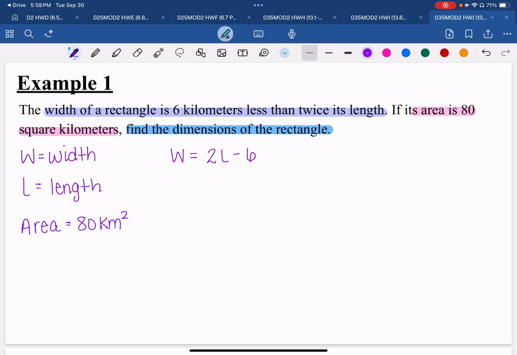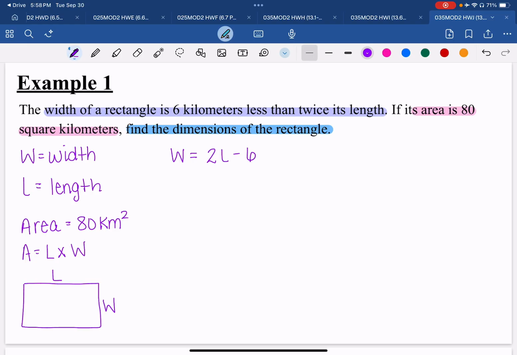All right, so how does knowing the area help me? Well, what is the area? Area is length times width. So let's make a picture. I like pictures. Pictures help me kind of get my mind straight and figure out what I want to do. So I've got length and I've got width.